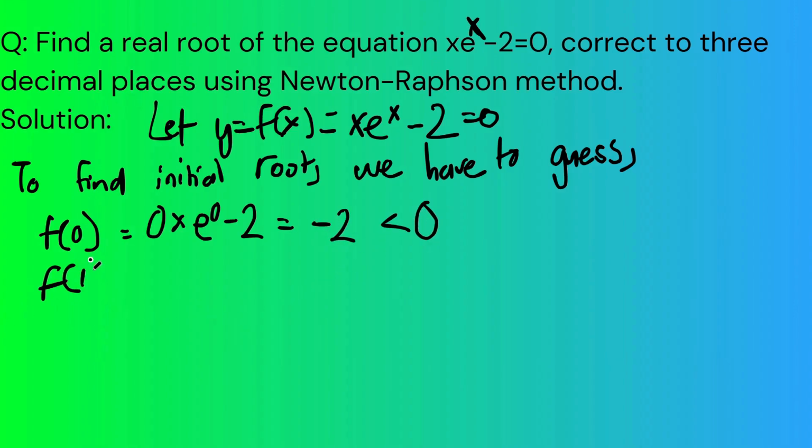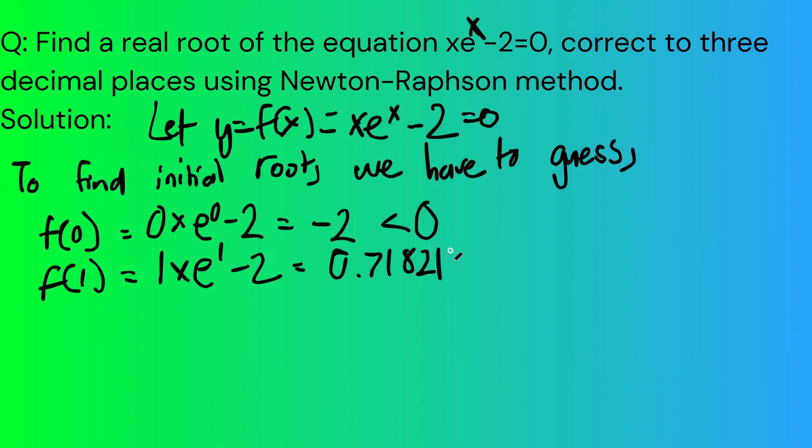For f(1), 1 times e^1 minus 2, the answer is 0.718281, which is bigger than 0. So the root lies between 0 and 1.